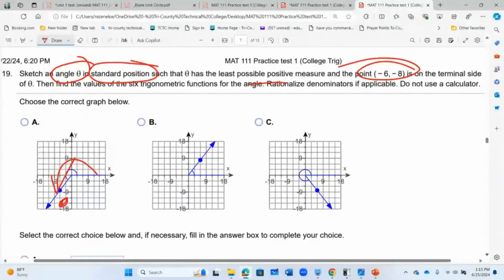And so the least positive measure, say if you find this angle, you are going to have, or suppose you found the angle coterminal to this. Did I say they might ask you to find the angle coterminal to this with the least positive measure?